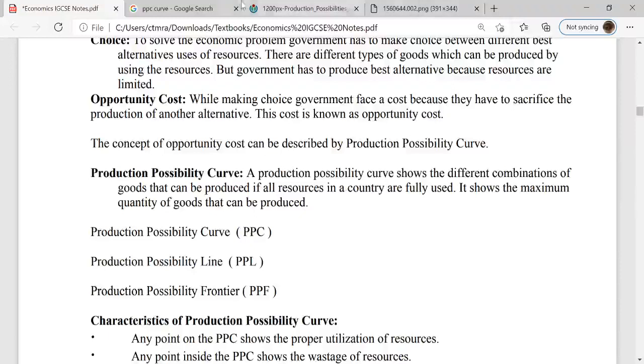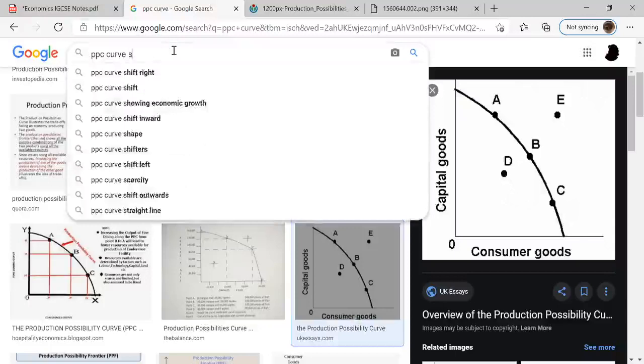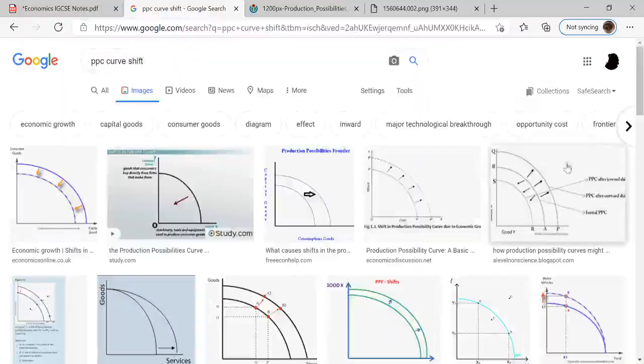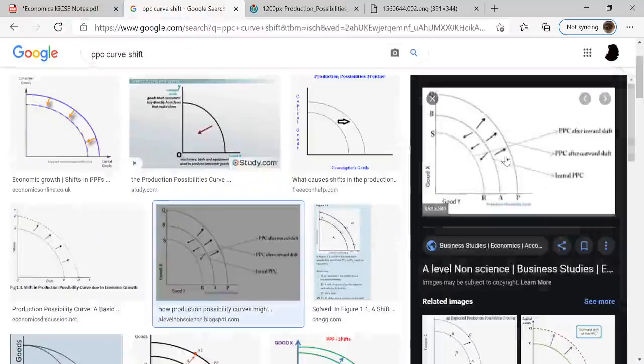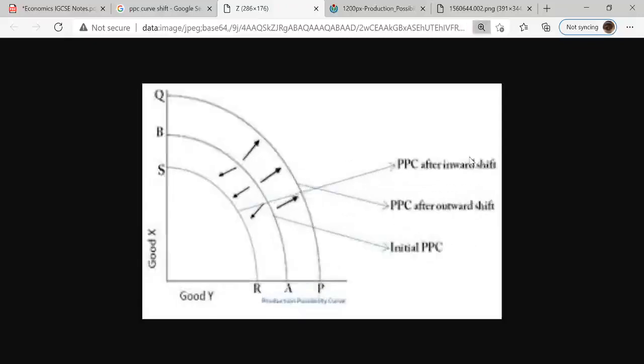And there are cases of shift of the PPC curve. Suppose this AB was the PPC curve, so this was your initial PPC. It can go outward or inward.